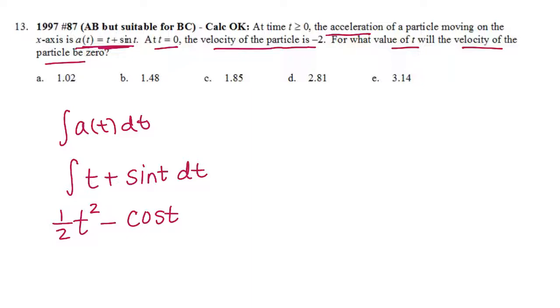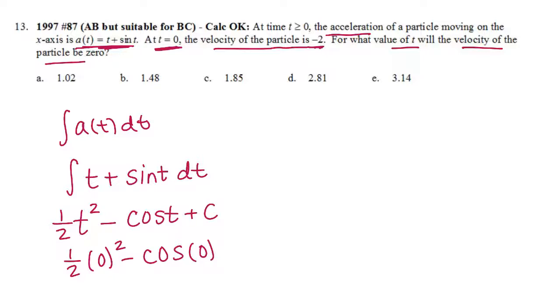Okay, and so what I need here now is at time t equals 0, the velocity of the particle is -2. So we are going to plug in a 0 minus cosine of 0, and then let that be equal, and then plus c. There's what I forgot.